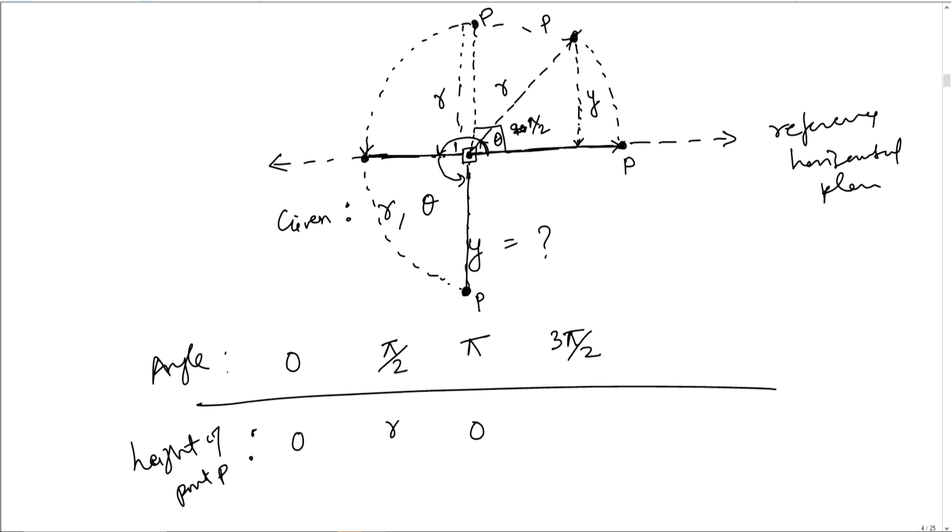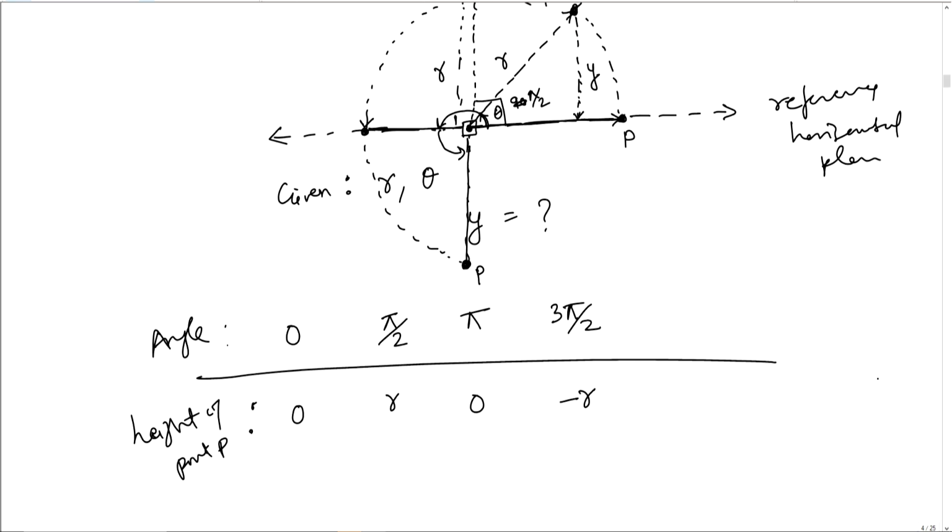It is in the negative quadrant, so the height is minus r, so that we can include directionality. And if the ladder reaches back at the same point, the angle becomes 360 degrees, 2 pi, and the height of point P with respect to the ground is again 0.